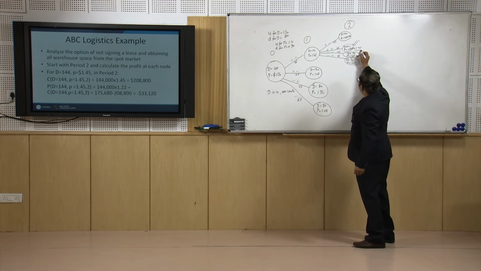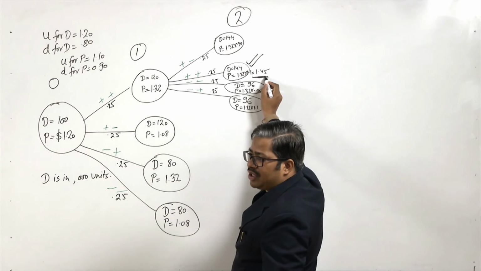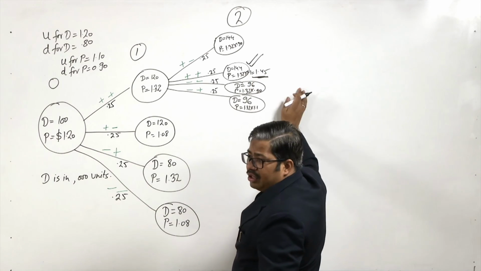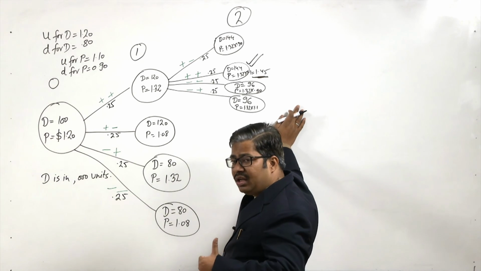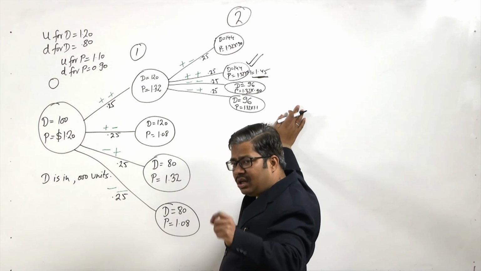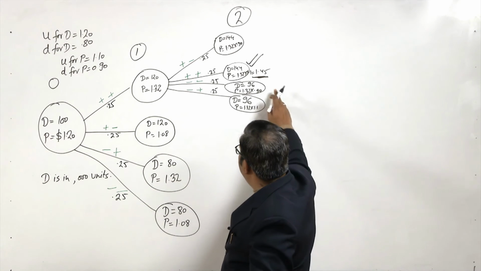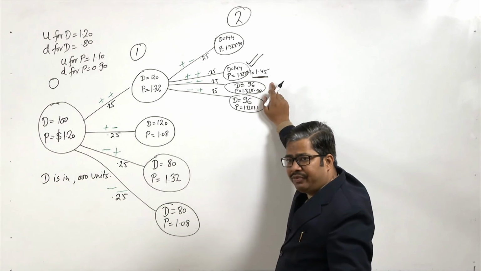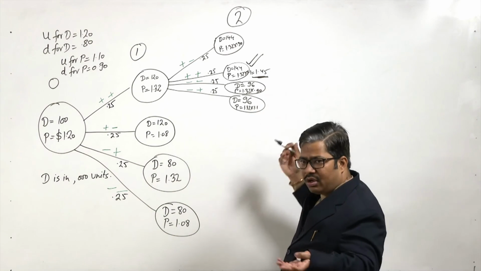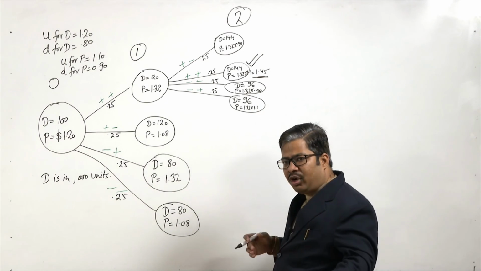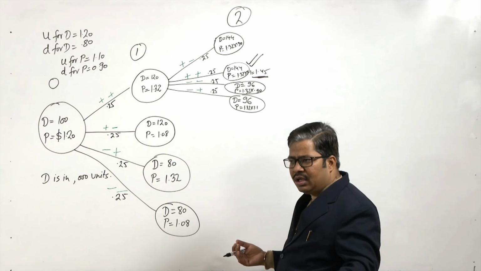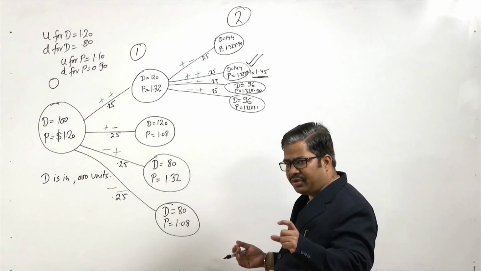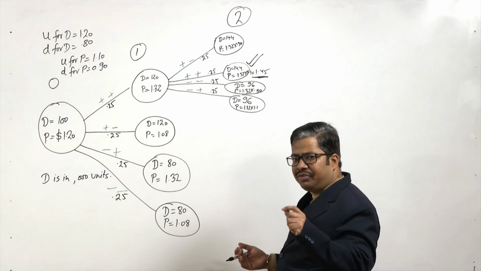It means that if this is the situation, 144 is the demand and I am fulfilling the complete demand using the spot market, I will be charged at the rate of 1.45. My revenue is not going to change whether I am using spot market or lease. So, my customer is not worried about that. So, I will get the fixed amount of revenue at the rate of 1.22.